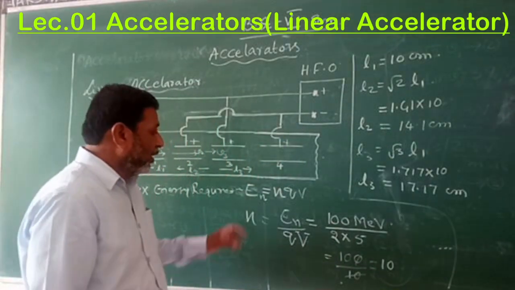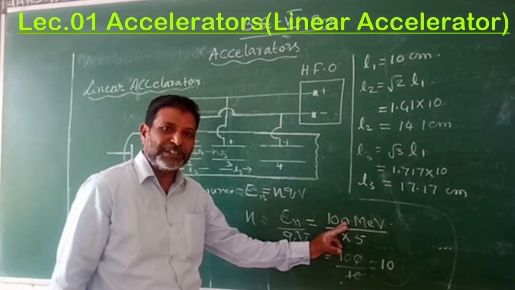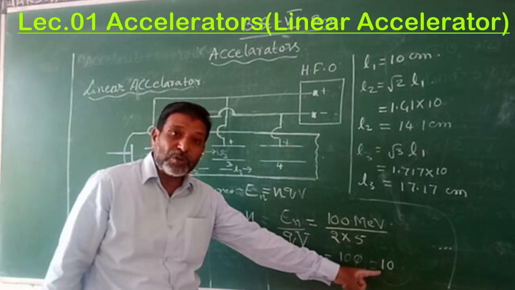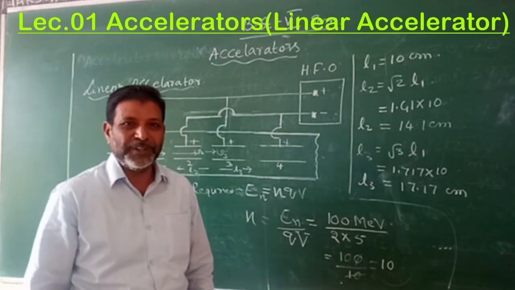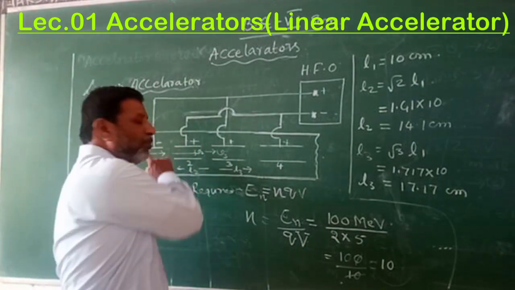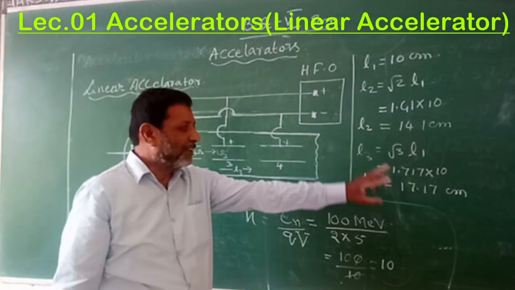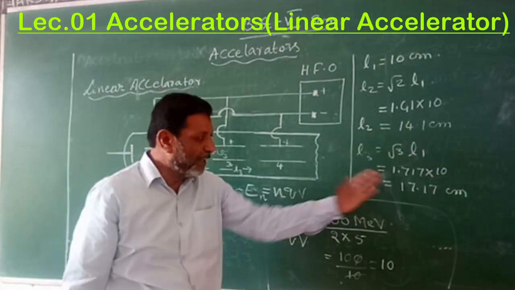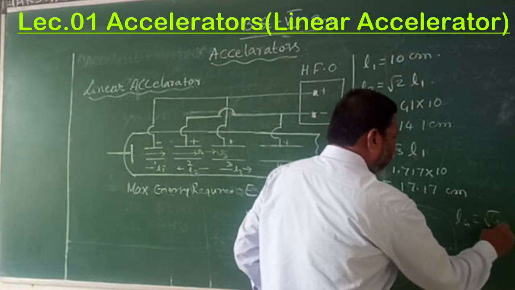Therefore, in order to get this much energy, 100 million electron volts, it has to pass through 10 tubes. For example, if you take the first tube of length 10 centimeters, then the second tube should be 14, the third tube should be 17. Similarly, you calculate L4, which is equal to root 4 times L1.